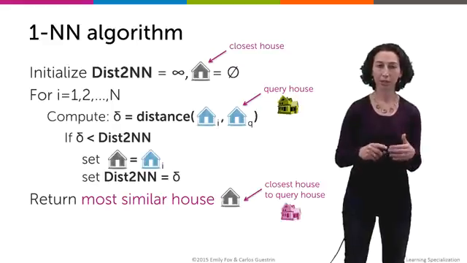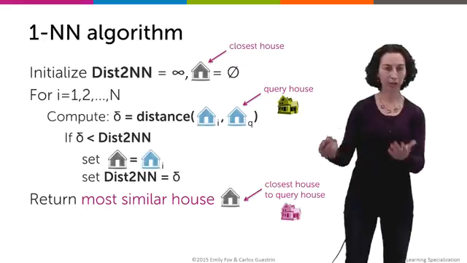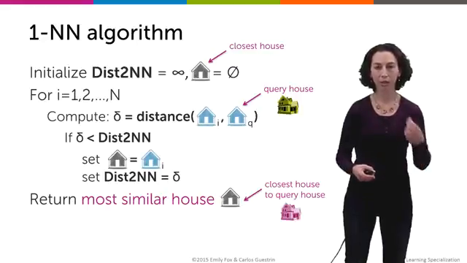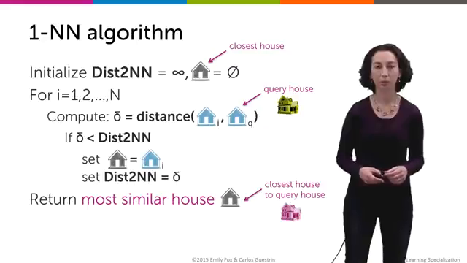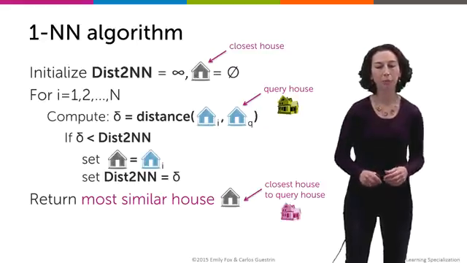And if that distance is less than the current distance to our nearest neighbor, which at first is infinity, then at the first iteration you're definitely going to have a closer house. So the first house that you search over, you're going to choose as your nearest neighbor for that iteration, but remember, you're going to continue on.